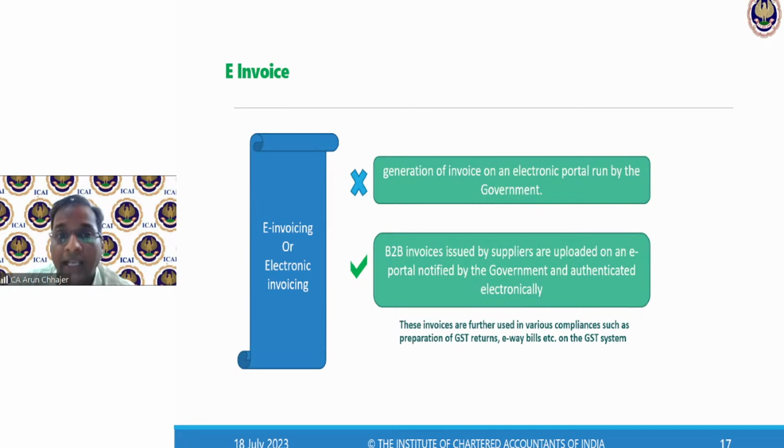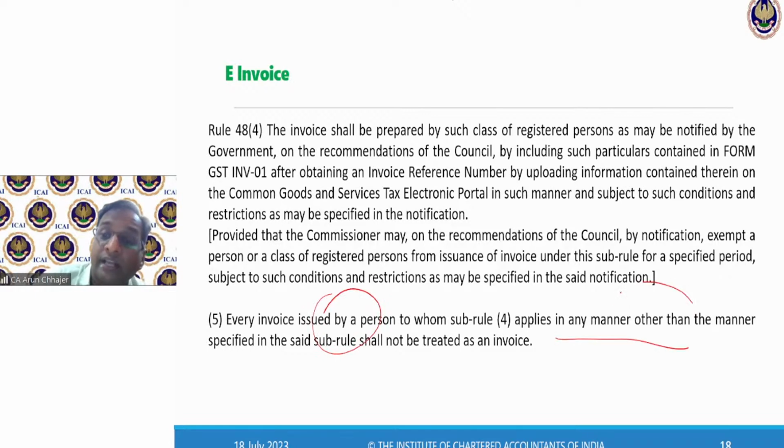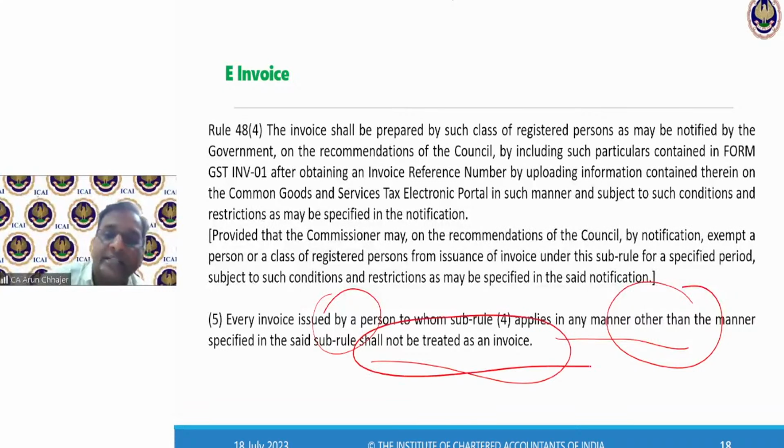IRP. Fine. What is the time limit within which e-invoice has to be issued? It is on a real time basis. As per Rule 48(5), it clearly says that if e-invoicing is applicable and the invoice has been issued in any manner other than prescribed, then it will not be treated as an invoice.